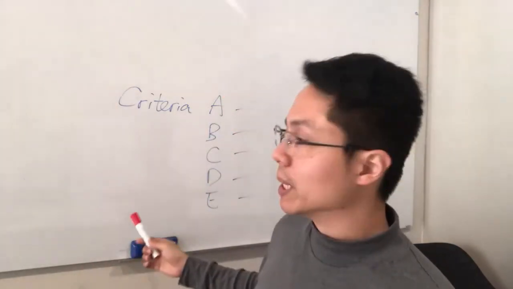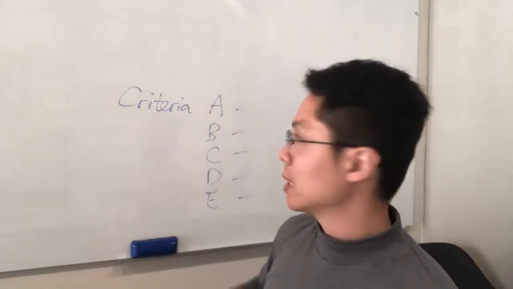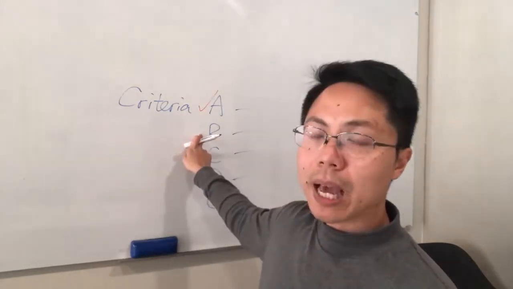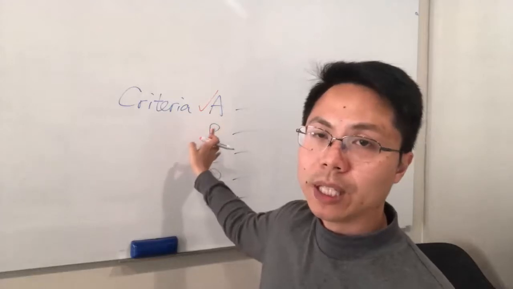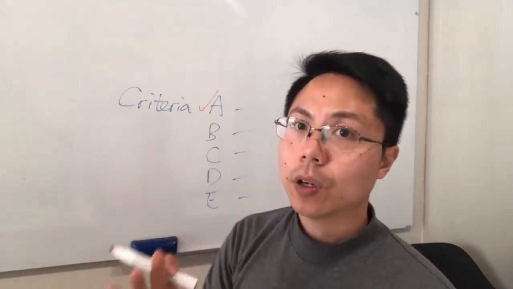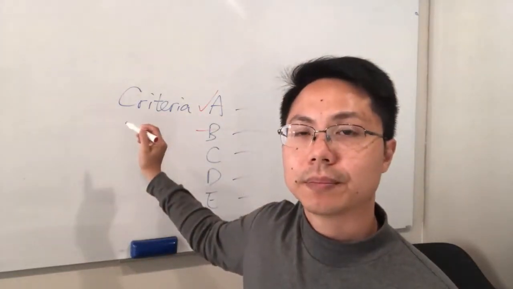Your criteria might be having a yield of over 6.5%. Okay, well that's A, that's ticked. And B might be having capital growth of 5% per annum. Okay, well that may not be needed, because this property is for capital growth, so you don't necessarily need that. I'll just cross it out.